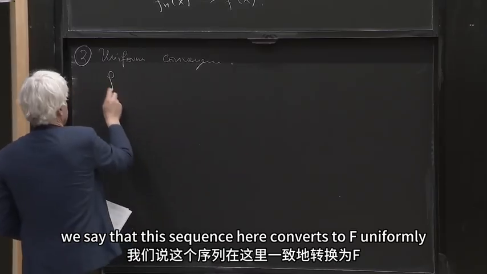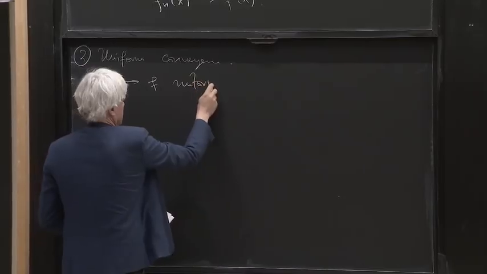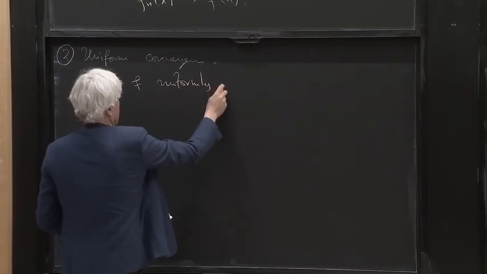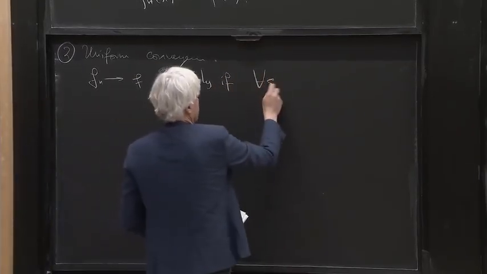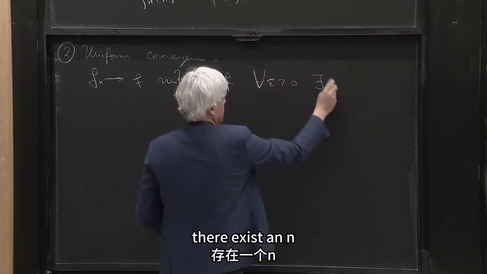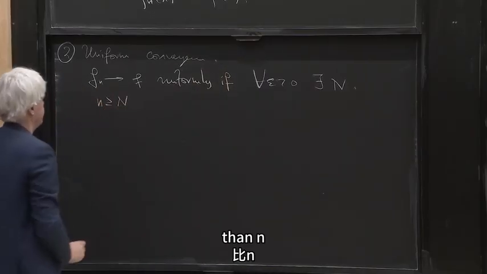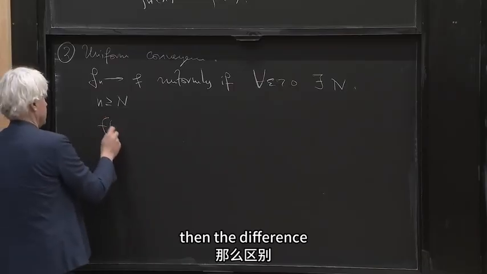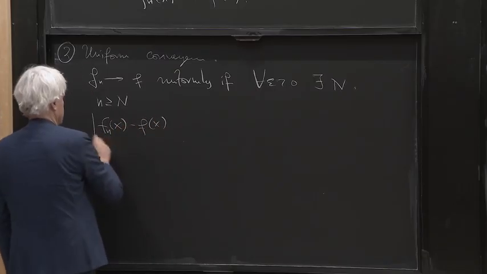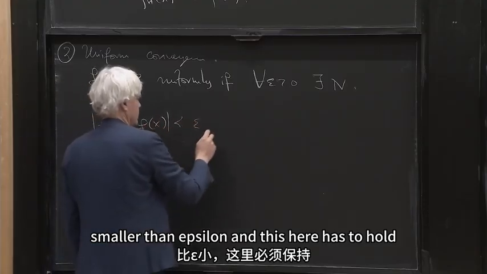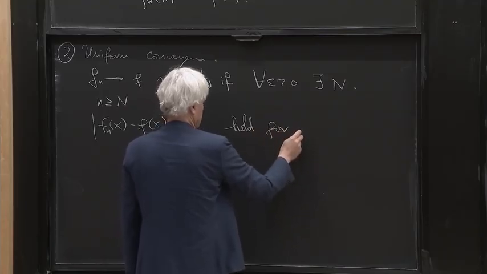Right, and so we say that this sequence converges to f uniformly if for all epsilon greater than 0, there exists an N so that if you're further out than N, then the difference between fn of x and f of x is smaller than epsilon, and this has to hold for all x.